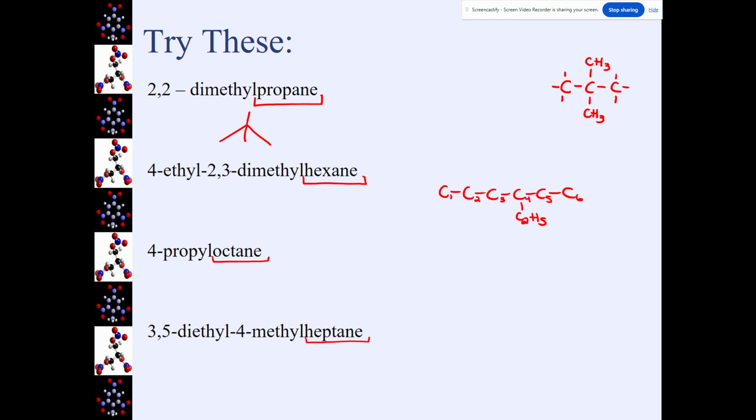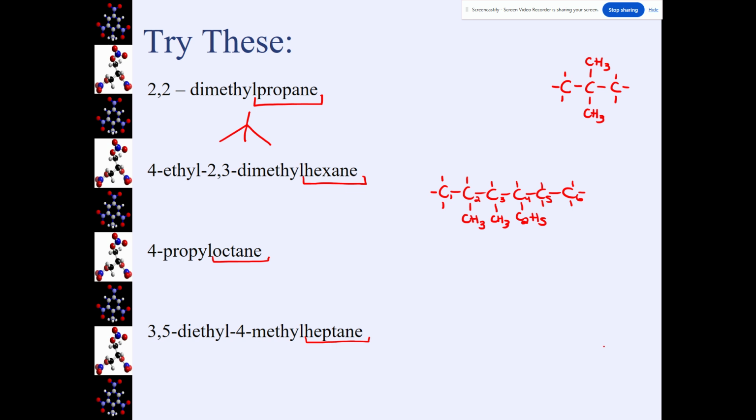Di because there's 2 of them. One on carbon 2 and one on carbon 3. Again, it doesn't matter if you go up or down, as long as they're on carbon 2 and 3. Okay? Finish off by putting your lines to hydrogens. Make sure you have 4 bonds around every carbon.